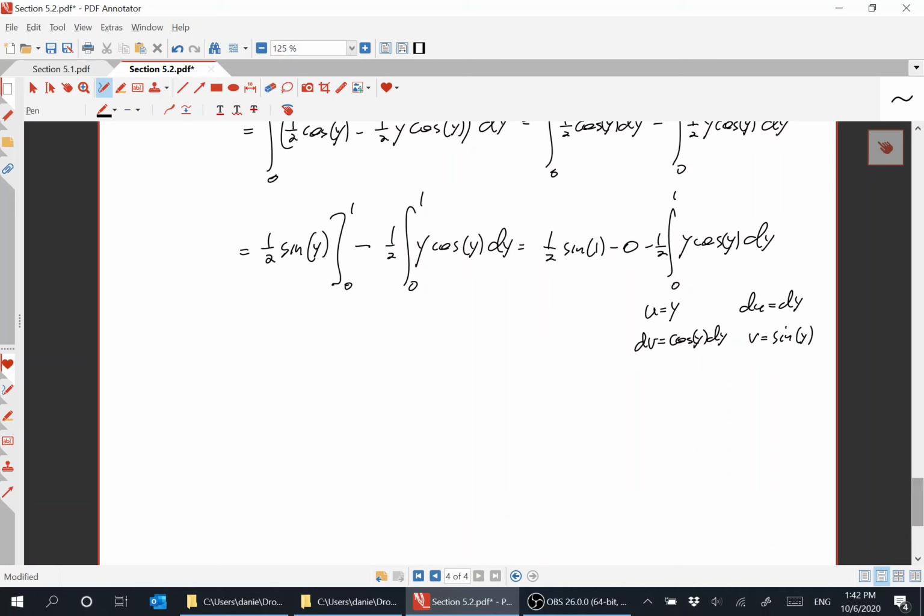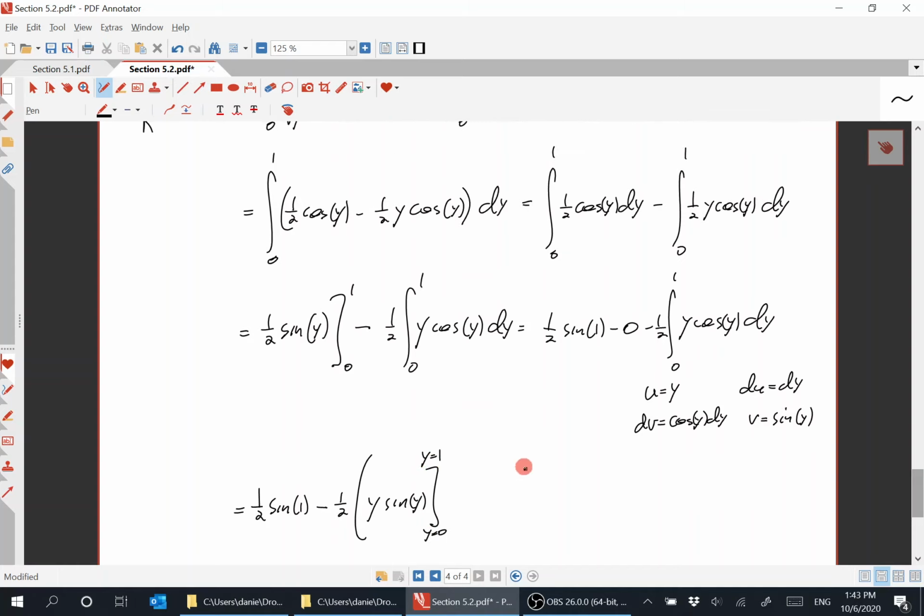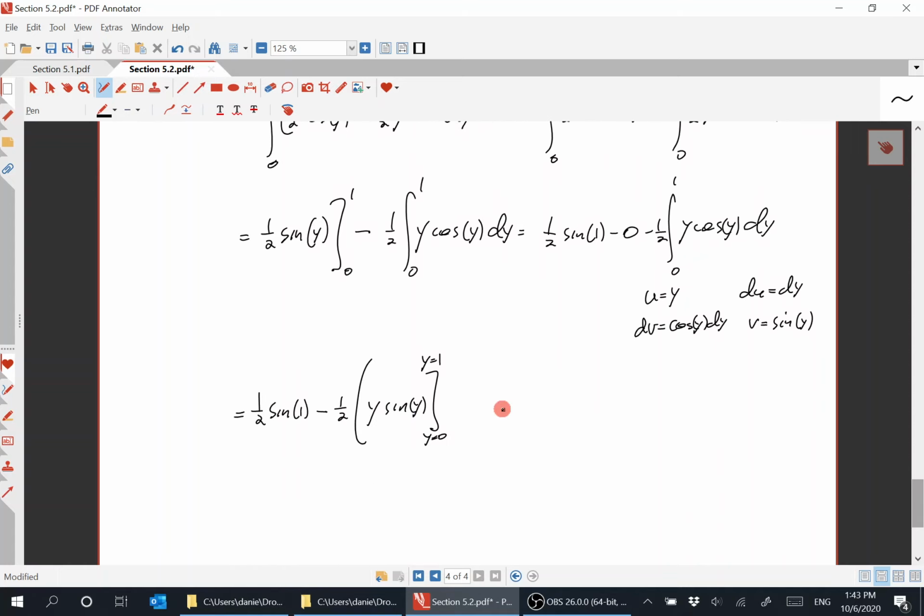So this whole expression is equal to 1/2 sine of 1 minus 1/2 u times v, y sine y, evaluated from y equals 0 to y equals 1, minus the integral v du, sine of y dy, and that's from 0 to 1.